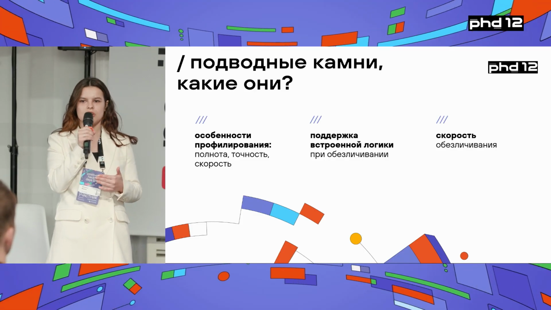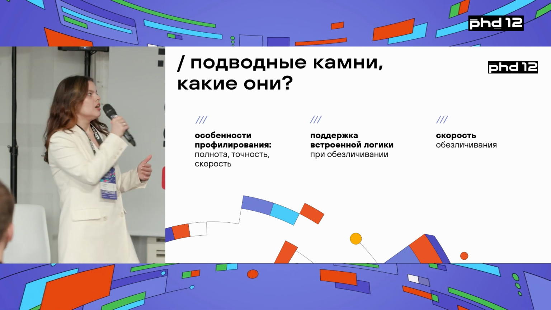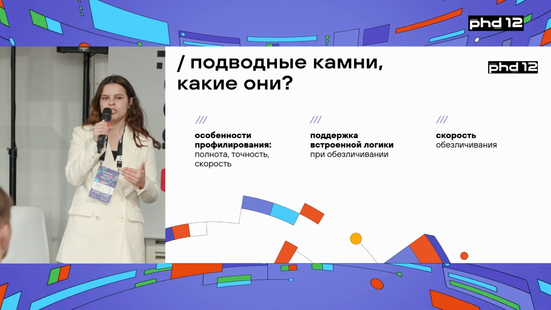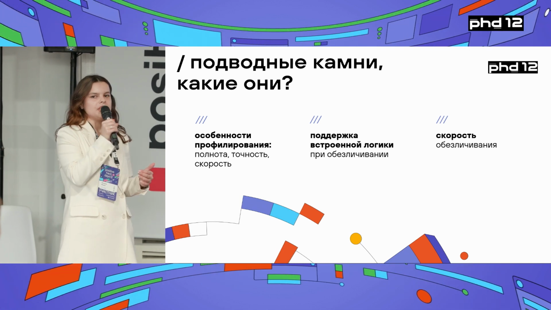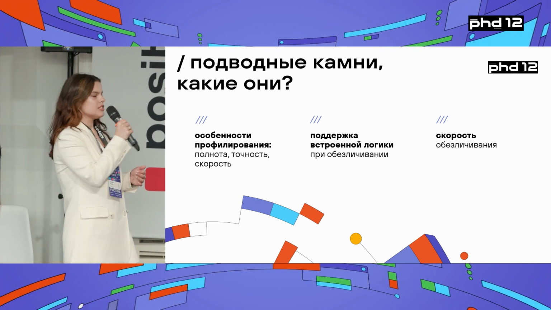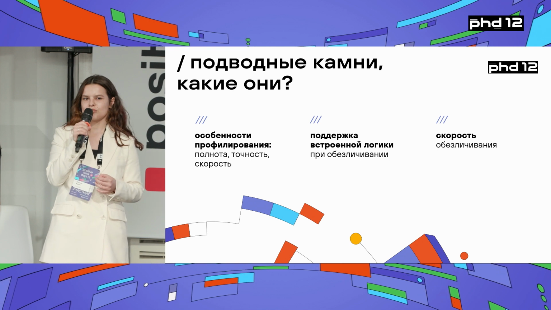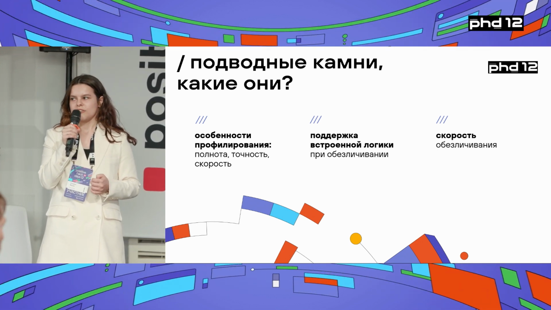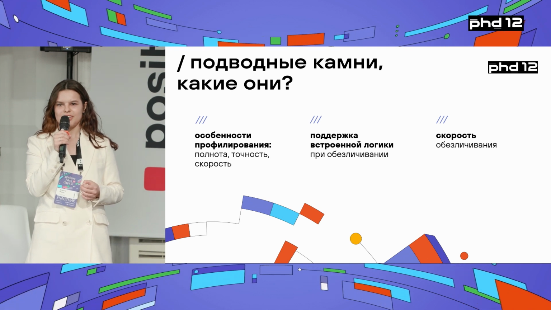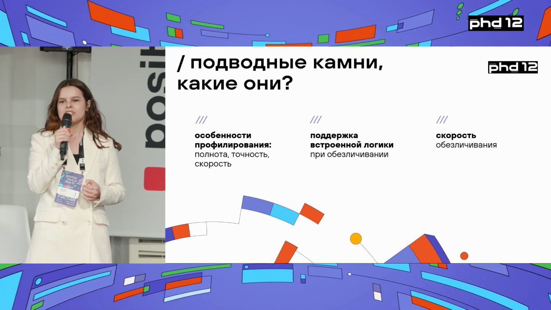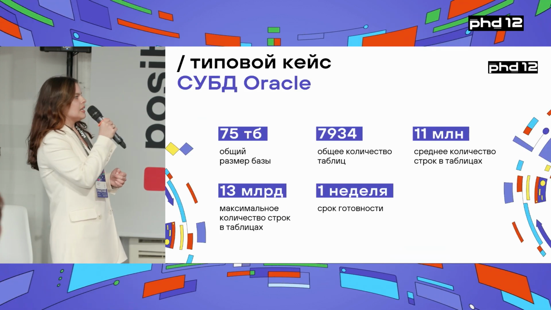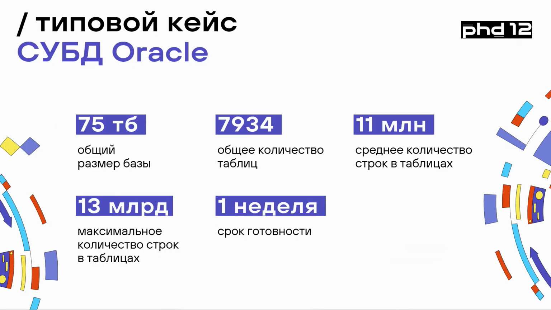We have to be sure that we depersonify the whole confidential information which is stored in the database, and we have to understand that we do it correctly, precisely, and we do not miss a... At the same time, it should maintain the internal logic, and it's very important to maintain the speed. To streamline business processes, it's all about the speed of depersonification of data.